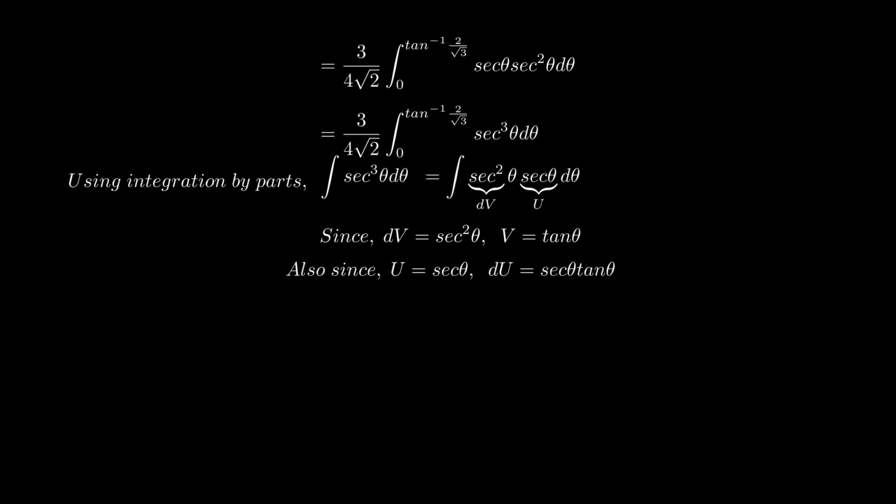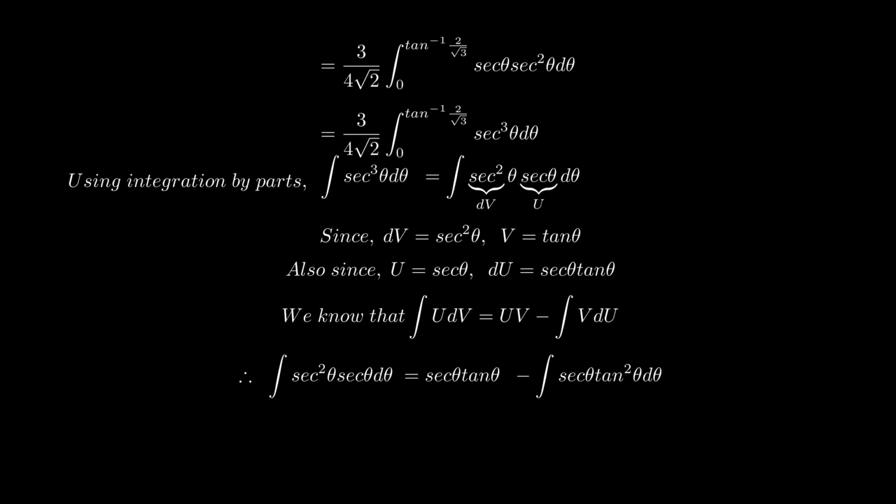And so knowing, when tackling integration by parts, that if u dv is the product on the left hand side, then the solution is uv minus the integral of v du. So by substituting that in, we get now the integral of sec cube theta is equal to sec theta tan theta minus the integral of sec theta tan squared theta. And then now tan squared theta can be expanded as sec squared theta minus 1.